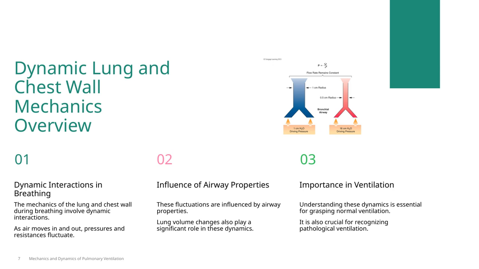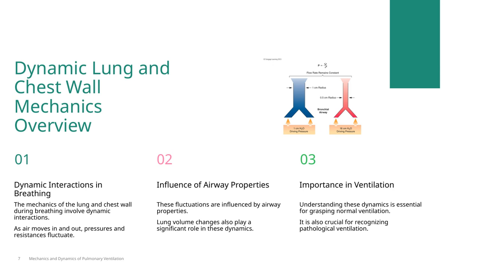These interactions are not static. They fluctuate as breathing occurs, involving pressures and resistances that change moment to moment. Understanding these dynamic interactions is essential because they form the backbone of how we breathe normally. The mechanics of the lung and chest wall work together to facilitate airflow, but they can also become disrupted in certain pathological conditions.